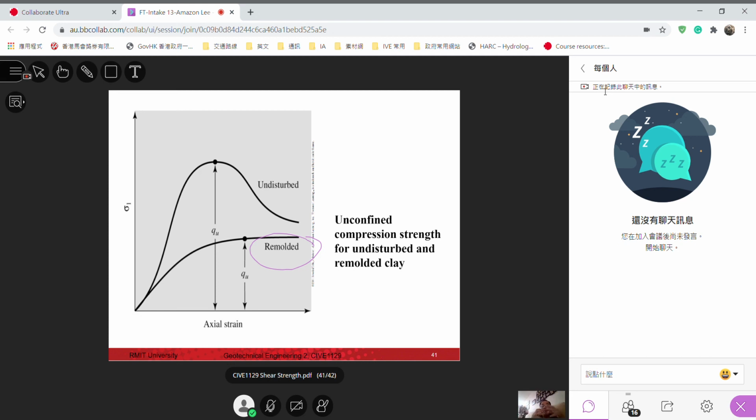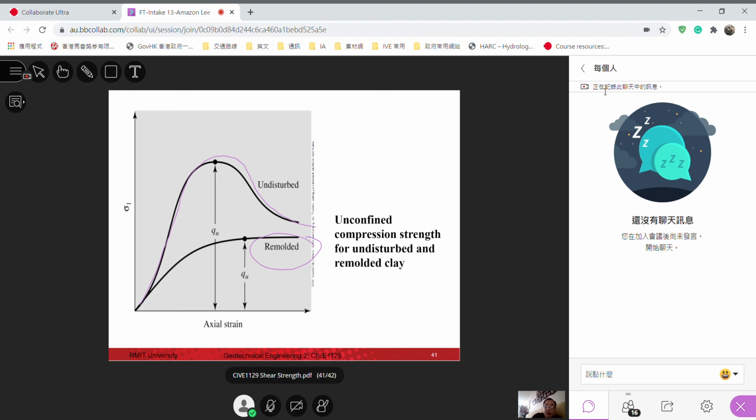It doesn't represent the true condition of the soil in situ, in the field condition. But when we design a structure, a slope, a road, a building on the soil, everything is built on top of the existing soil. So we are working on the undisturbed soil, okay, instead of the remolded soil.